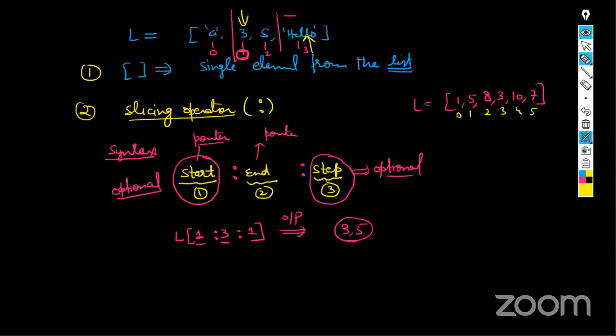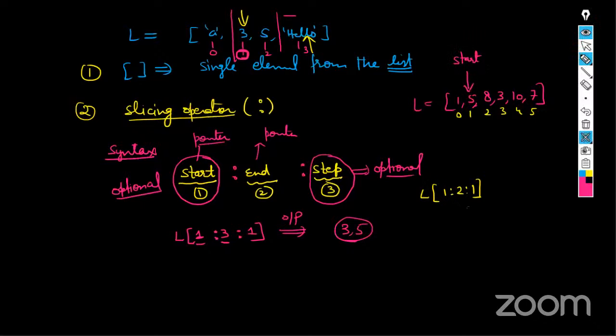For simplicity, I'm telling you a simple example. For example, if you write L and you say 1, 2, 1, what does it mean? You are saying that the start pointer is at this location. This is the start pointer.